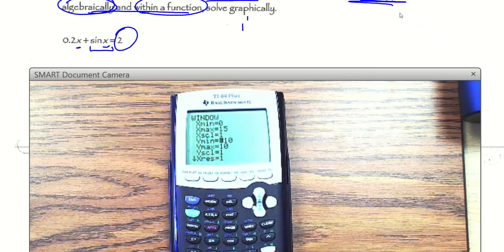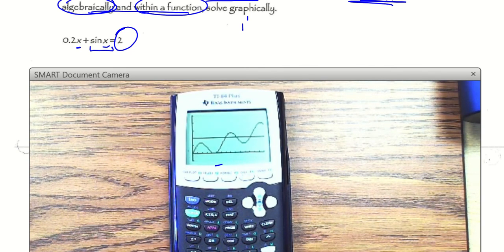And then I'm going to take my y's from just a little below 0, -1, to, I'm not going to go all the way to 10, let's just go to 5. And let's graph again. So there we are with our inclining wave going up. We have our line y equals 2, and we can see now that we have 1, 2, 3 points of intersection. I wonder if we have more.